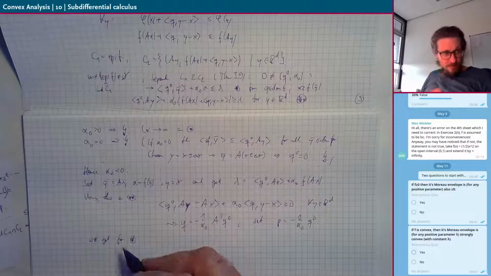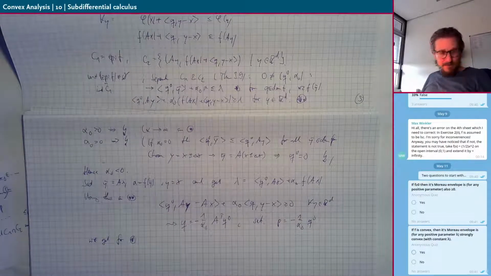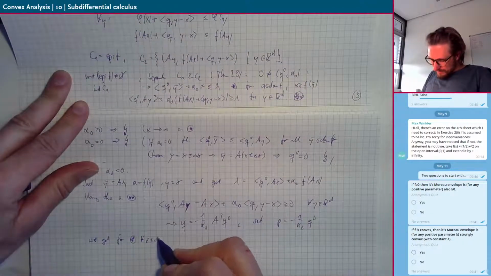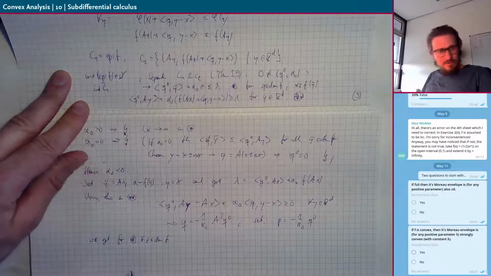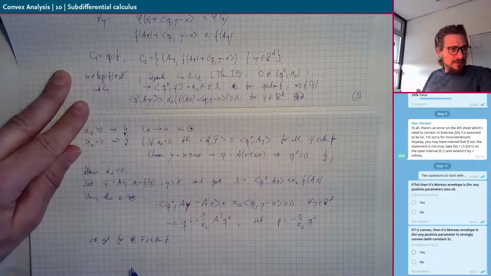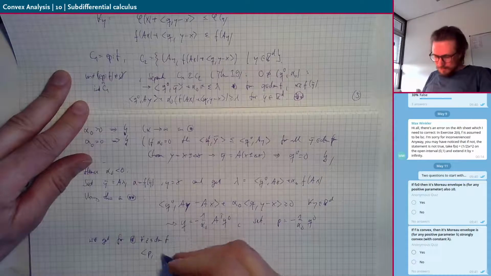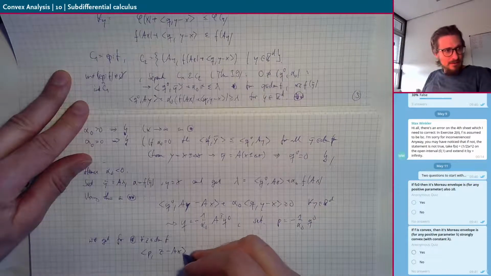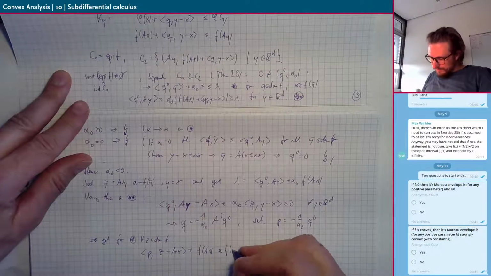from the first inequality that for all z in the domain of f, it holds that p times z minus ax plus f of ax is then smaller equal f of z.